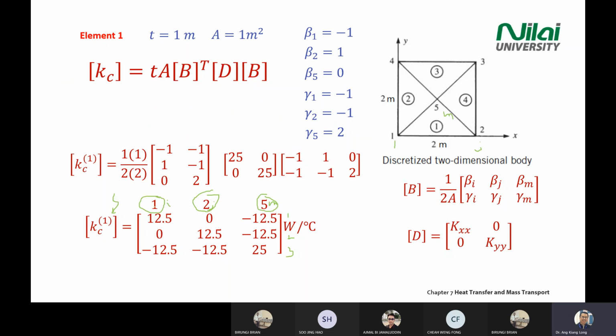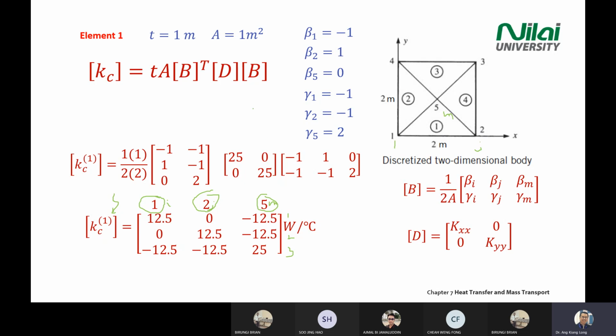So far we are still recycling what we learned in the triangular method. Just be careful with the numbering 1, 2, 5, because we are following the I, J, M sequence. You are looking at element 1 here. You do the same for the other 3 elements. Actually, it's the same method.